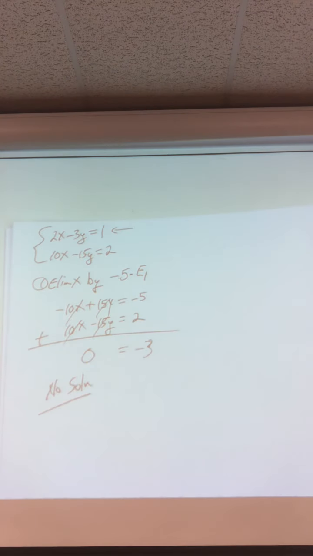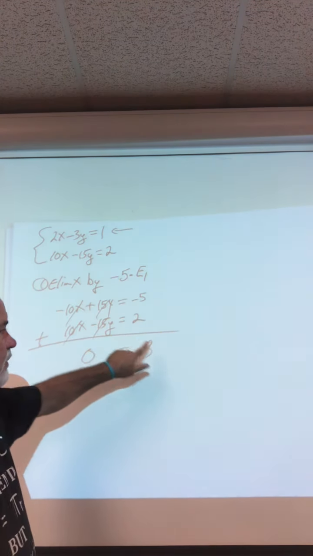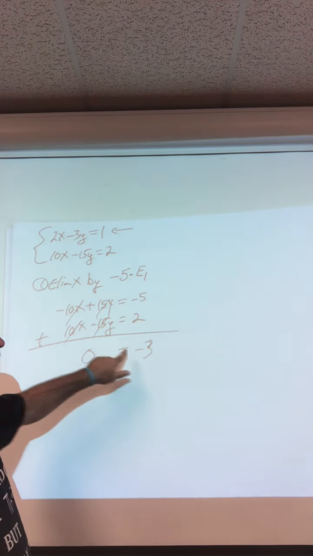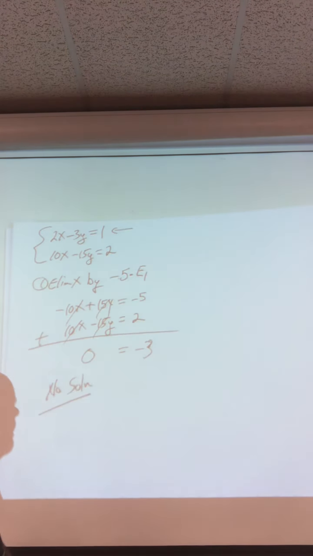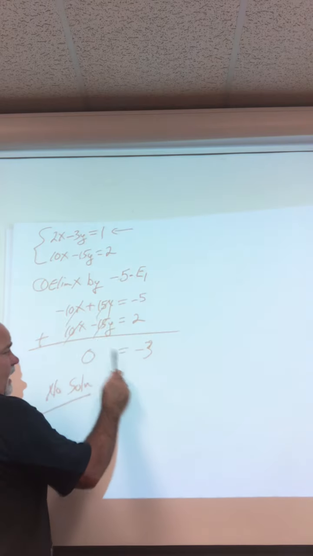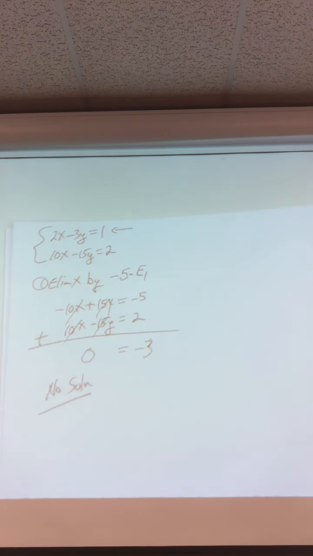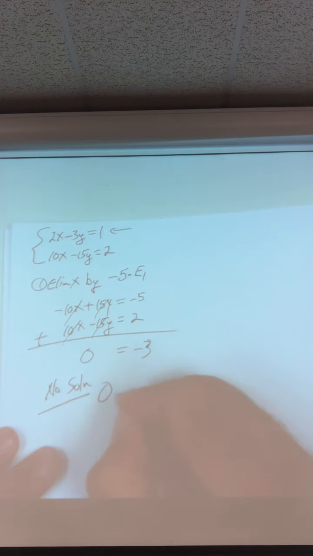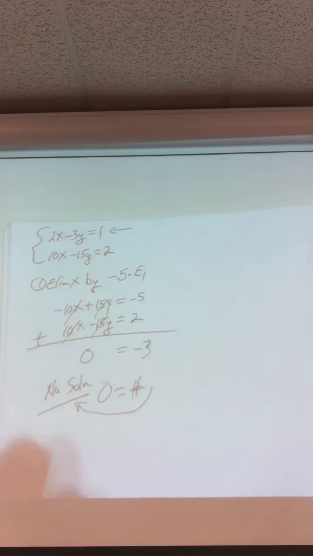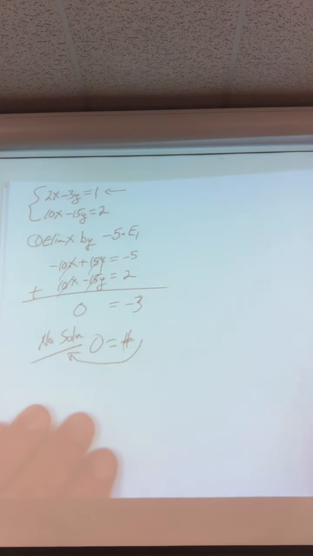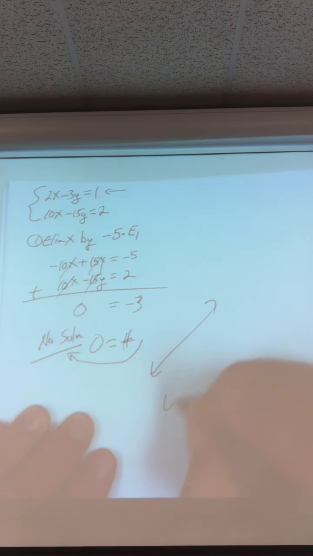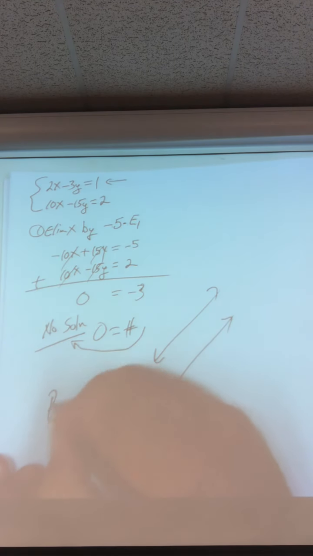Now, it may not say 0 equals negative 3. It may say 0 equals 5, 0 equals 8, 0 equals 15. But it will be 0 on the left equals some number. Anytime that happens, it's no solution. So if I was to graph these two lines, I do not want you to, but if I was to graph these two lines, they're parallel.